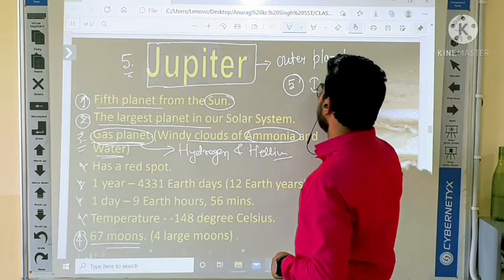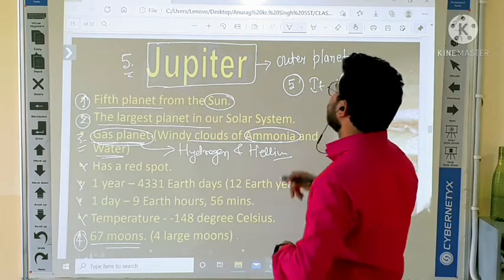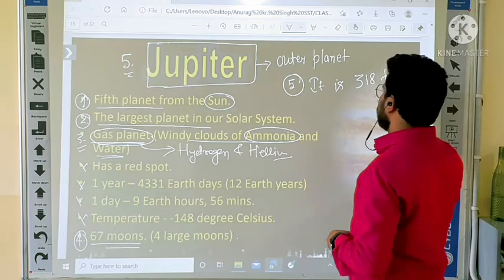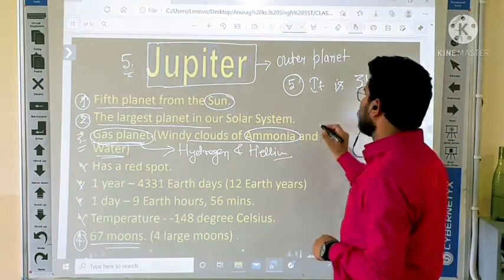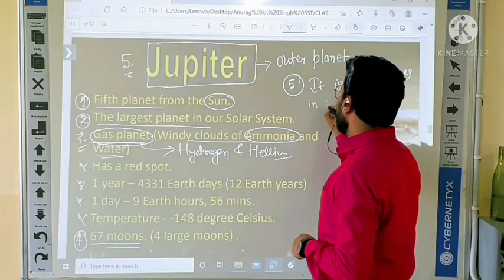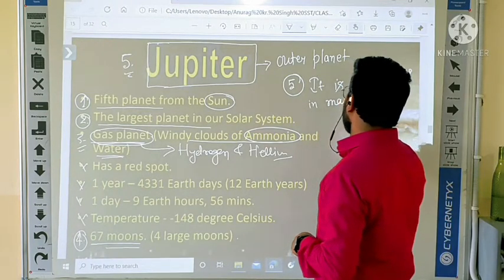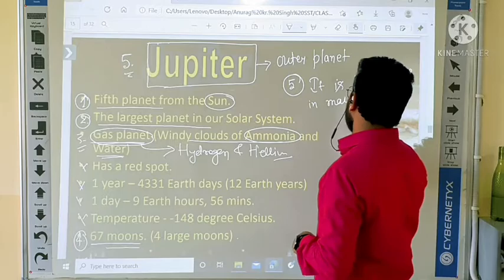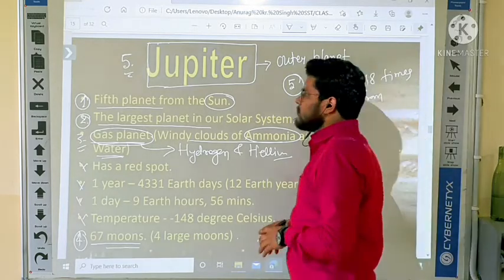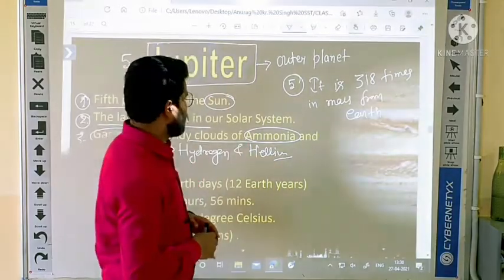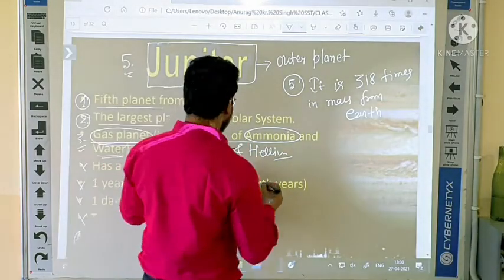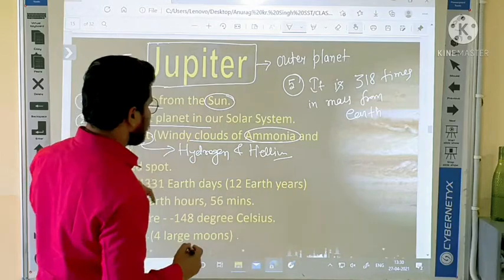It is 318 times the mass of Earth. The size of Jupiter is very large. Remember also here one thing that is not given.